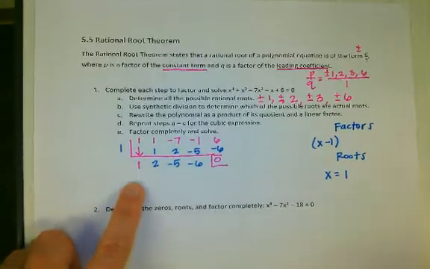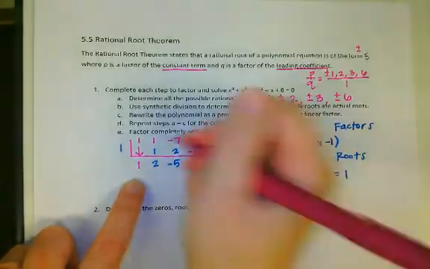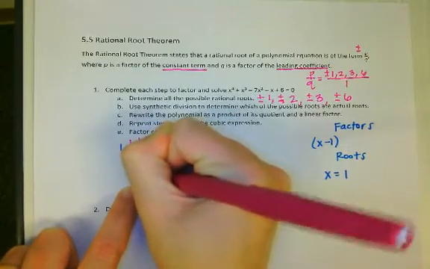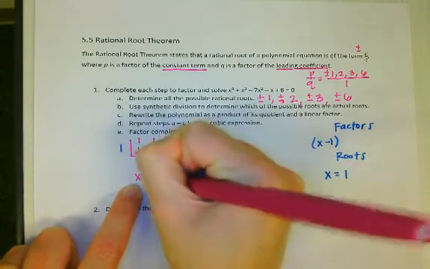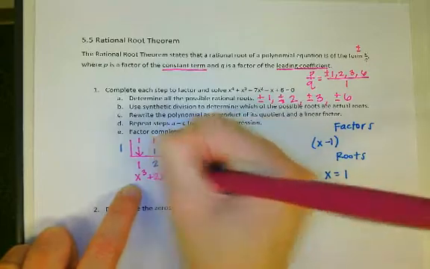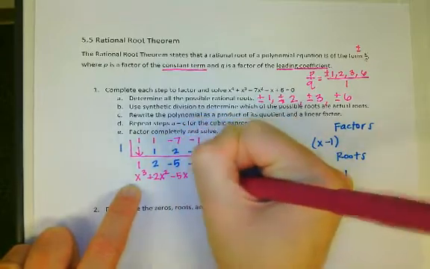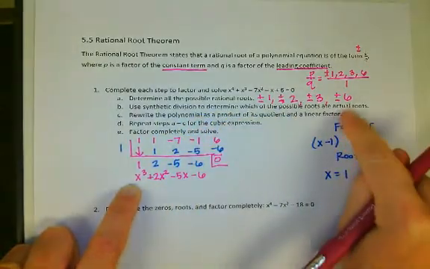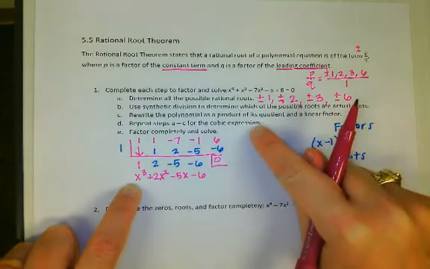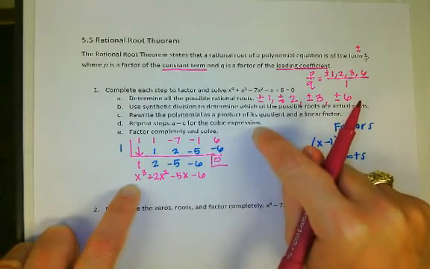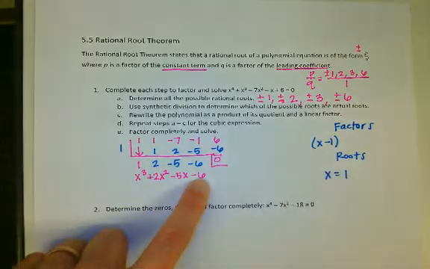Okay, so this has helped me now reduce this down to a cubic function, 1x cubed plus 2x squared minus 5x minus 6. We need to repeat the same process for this cubic function.